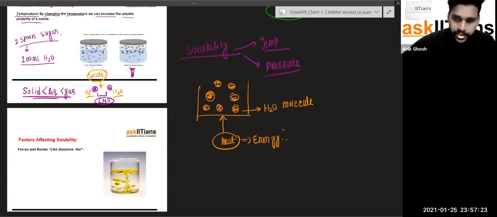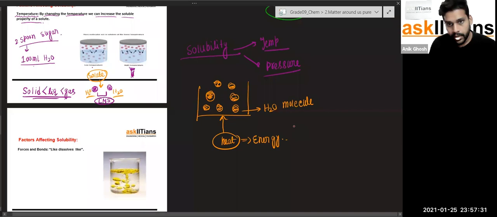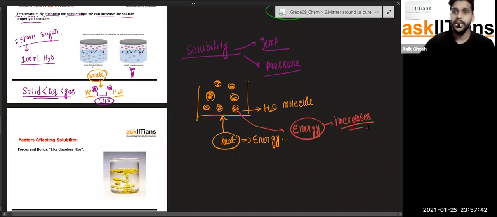Now, when you are giving them energies, what is happening? They absorb the energy, so their energy increases. Got my point? Their energy increases, and as the energy increases, they start moving in random directions, right?